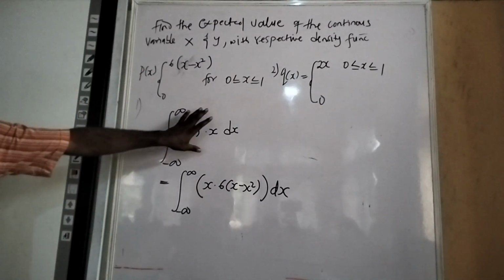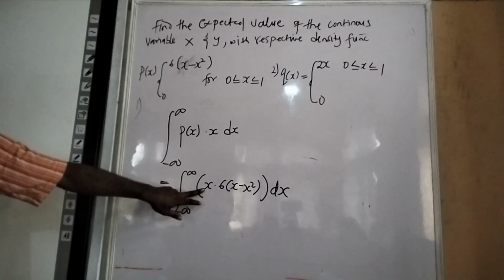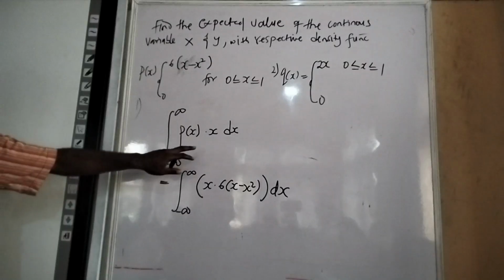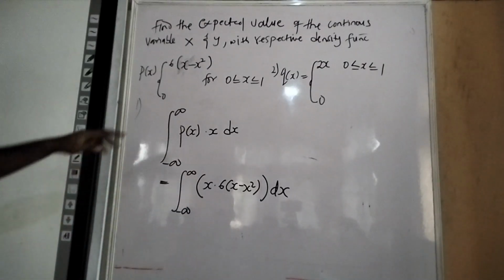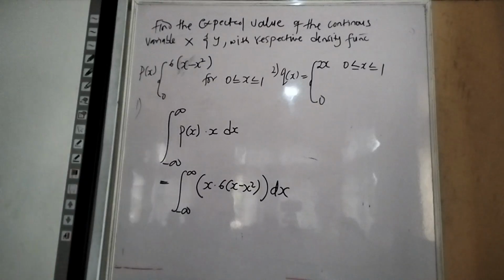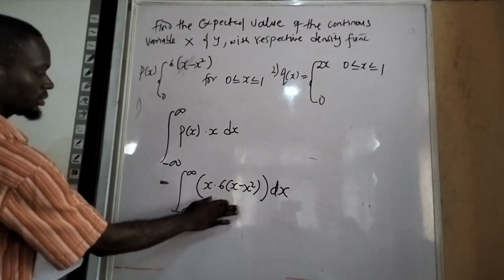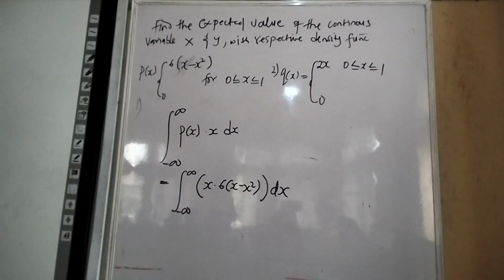Then you multiply that function by x and integrate from minus infinity to positive infinity. So let's start. So for this first one now, don't write this one, just understand this formula. Okay. Don't write this one. Just understand this formula first.